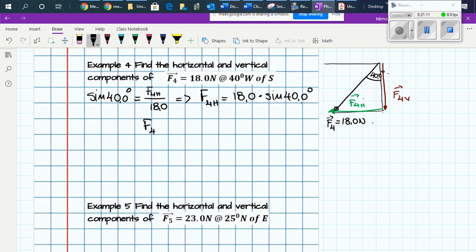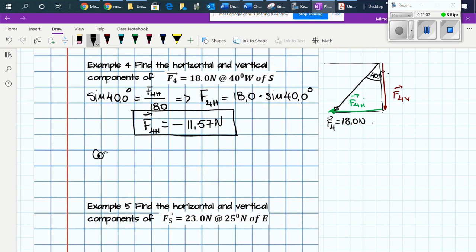So the horizontal component as a vector will be 11.57, but since it is going west it is negative 11.57 newtons.